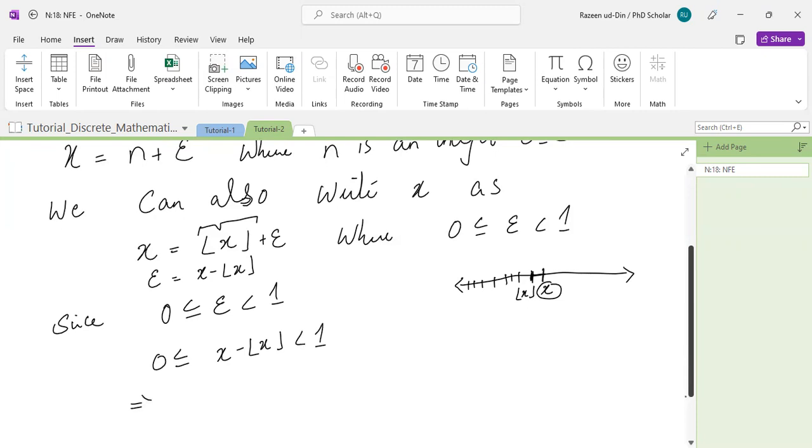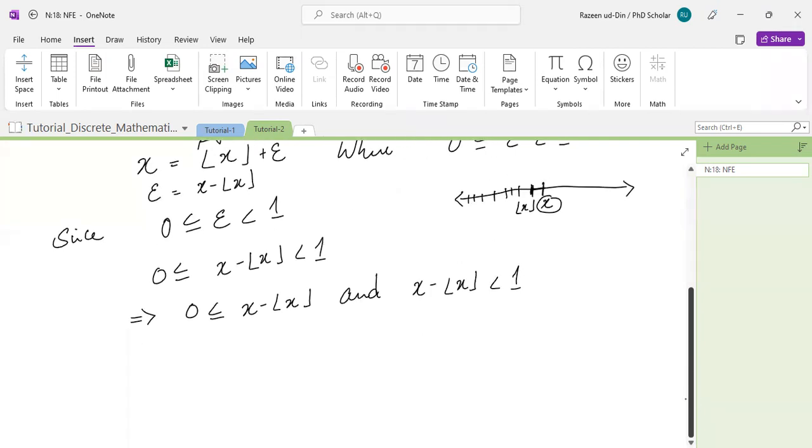This implies that 0 is less than or equal to x minus floor of x, and at the same time this x minus floor of x is less than 1.